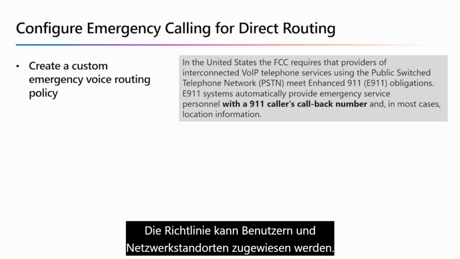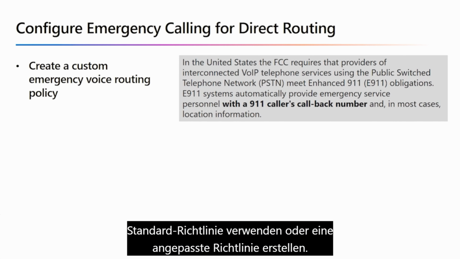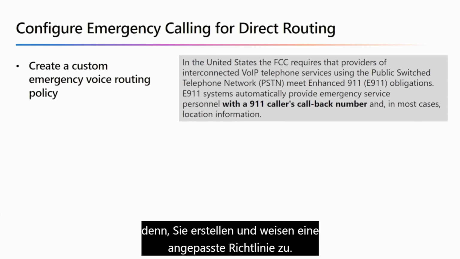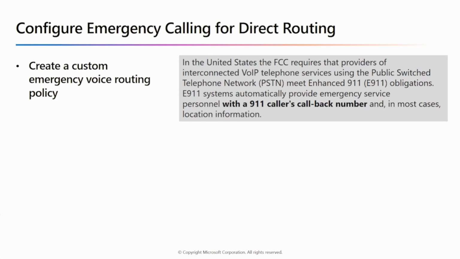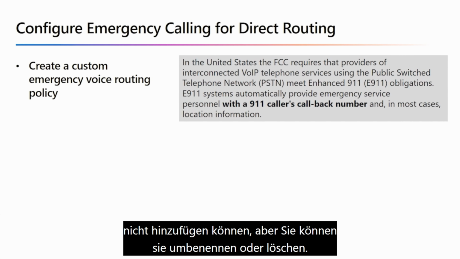The policy can be assigned to users and network sites. For users, you can use the global org-wide default policy or create and assign a custom policy. Users will automatically get the global policy unless you create and assign a custom policy. Keep in mind that you can edit the settings in the global policy, but you can't rename or delete it.